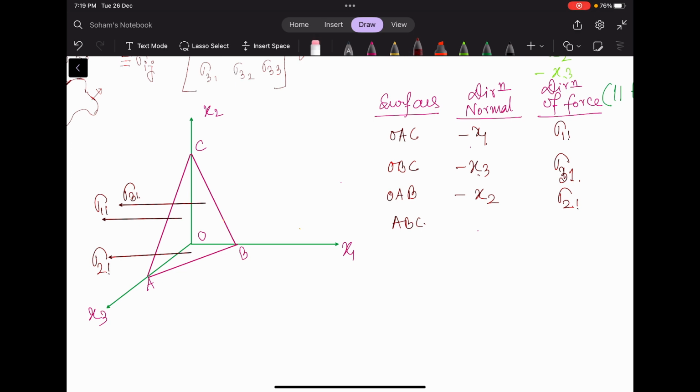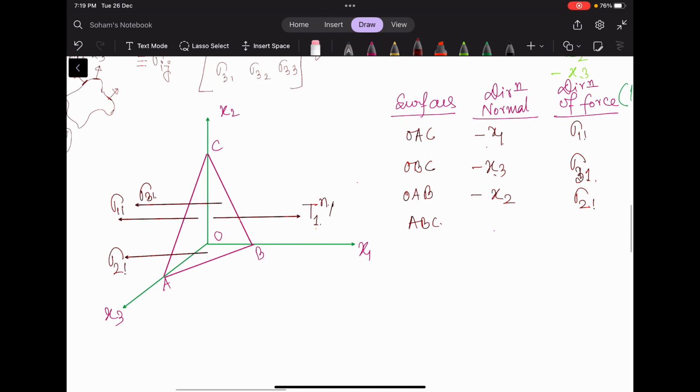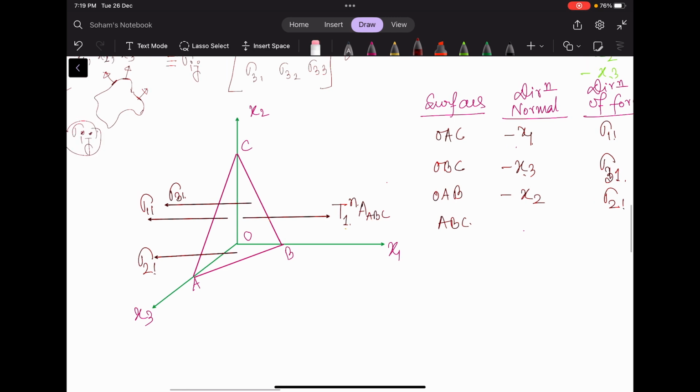So this will be t n 1, and these are the forces. This will be multiplied by the area of ABC, this by the area of OAB, this is sigma 1 1 also, by the area of OAC, and this by the area of OBC.